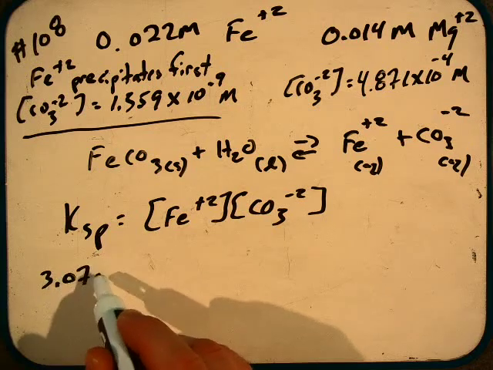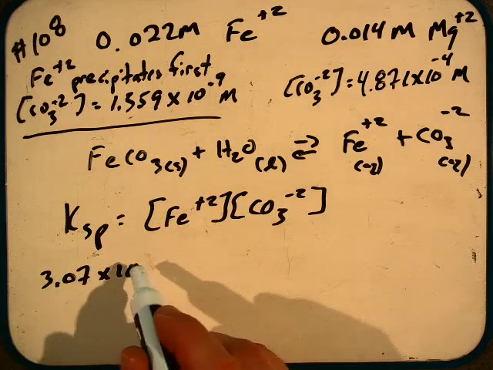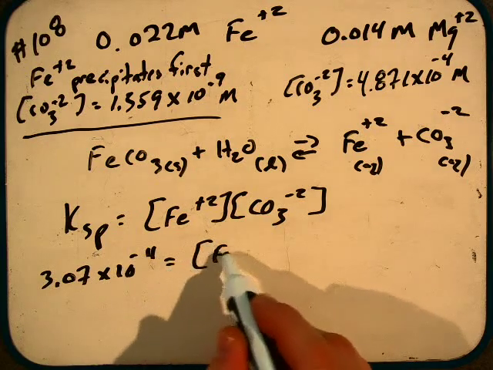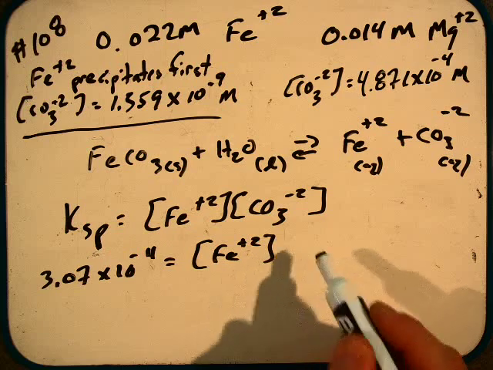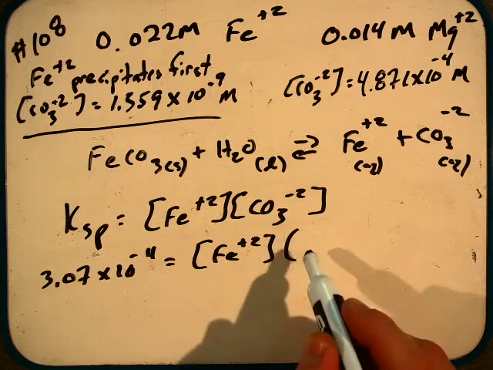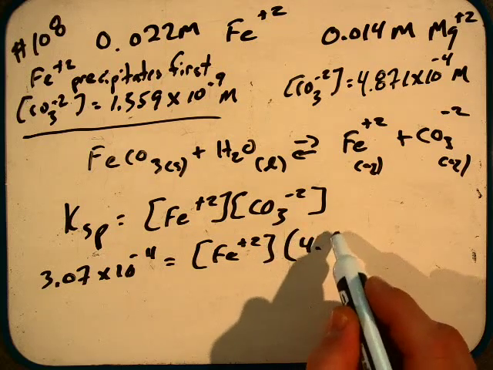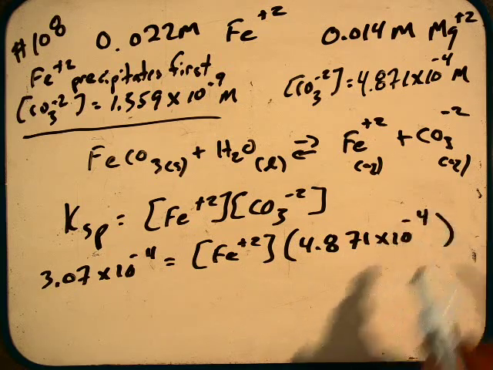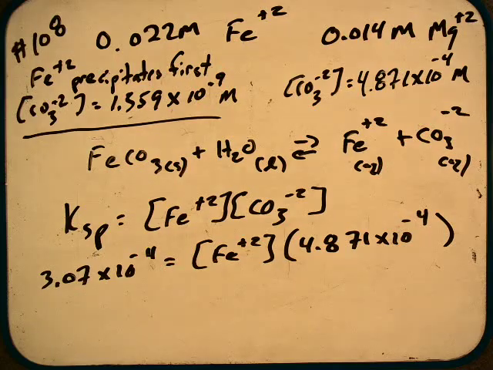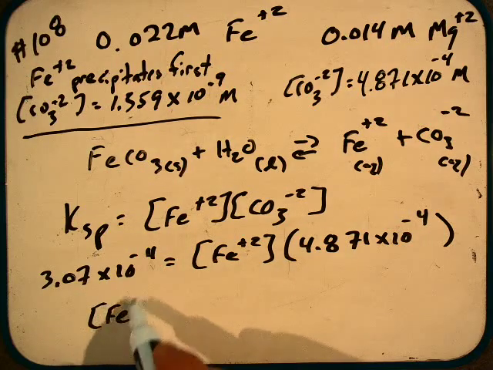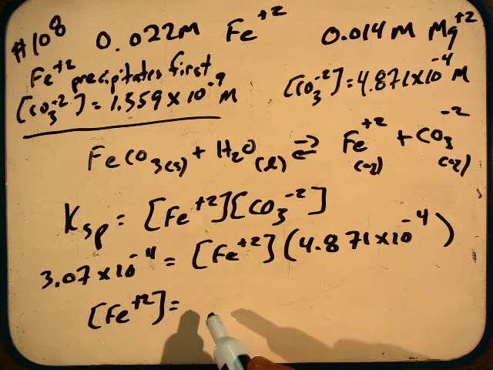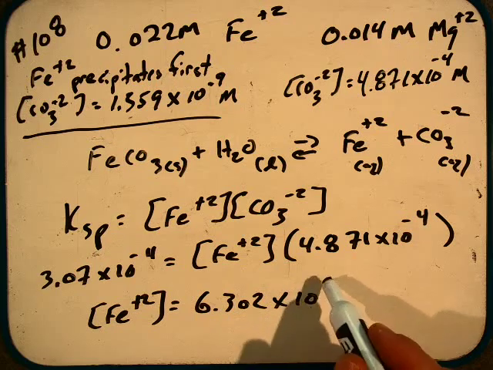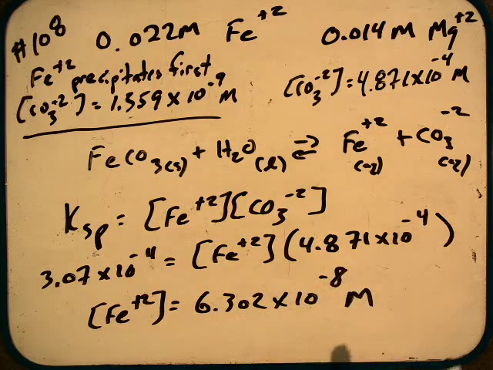We're still going to use that KSP for the ferrous carbonate, and so that's going to be equal to this iron 2+ concentration that's still in solution when the other ion begins to precipitate, times that concentration of carbonate, which is 4.871 times 10 to the negative 4th. And so then we can solve for that concentration that's remaining, and we should get a value of 6.302 times 10 to the negative 8th molar.